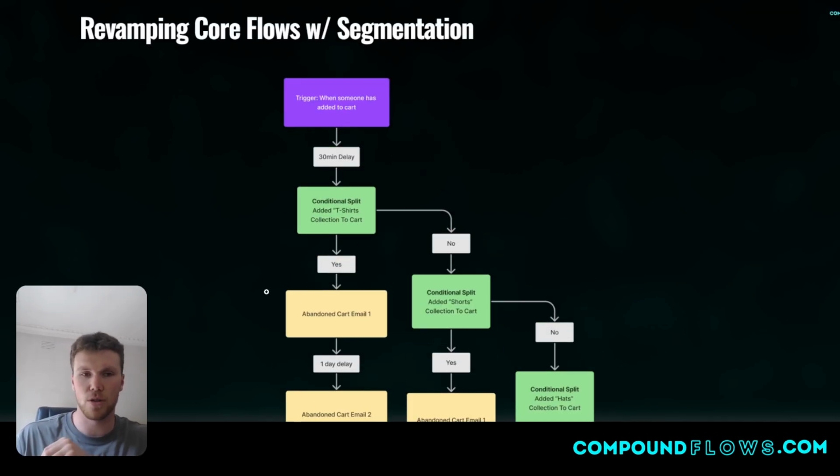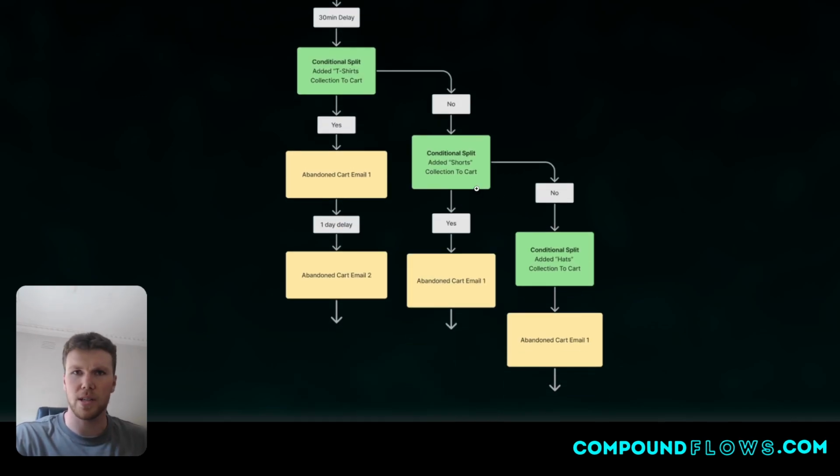What makes t-shirts so great? What other different types of t-shirts may they be interested in? Same if they viewed an item on the shorts collection, then your follow-up emails want to be tailored around shorts. With this amount of volume and traffic coming into your website, it starts to make sense to go to this time and effort to really segment this down.